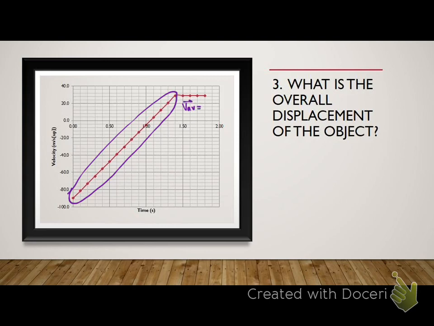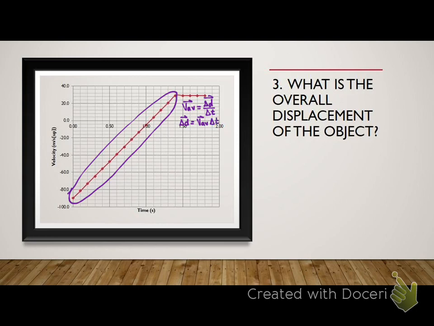and we know that equals displacement over the change in time. If I rearrange that and I look at my displacement, that's going to equal my velocity times time.